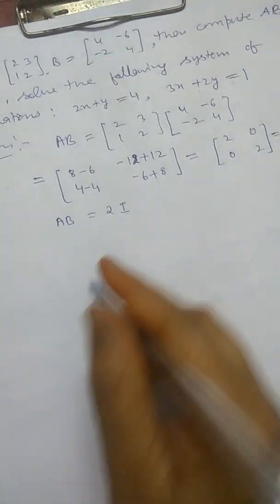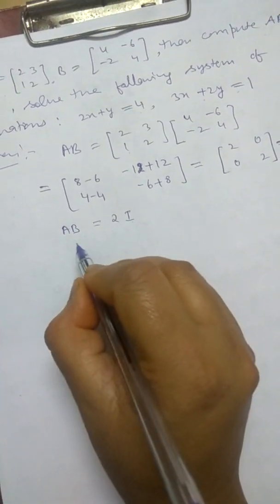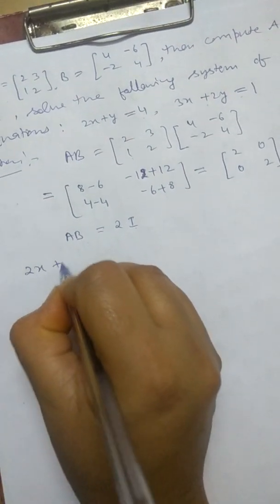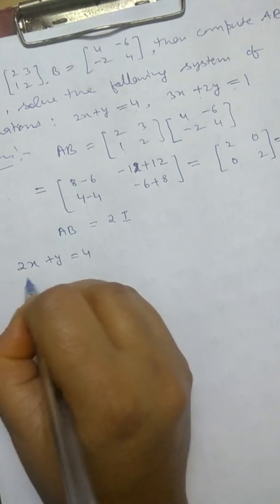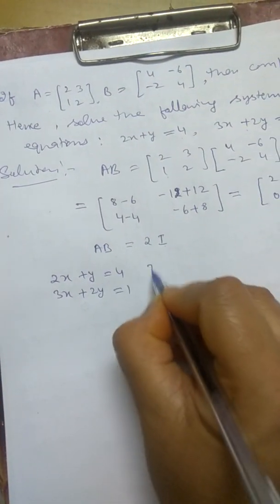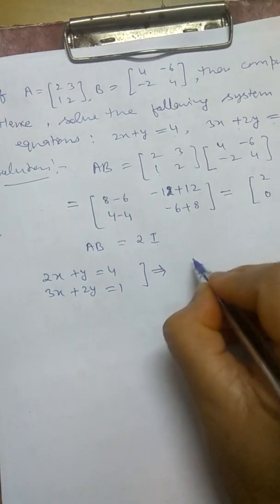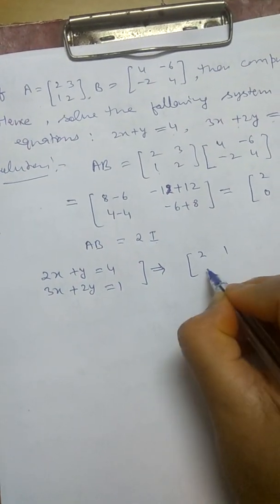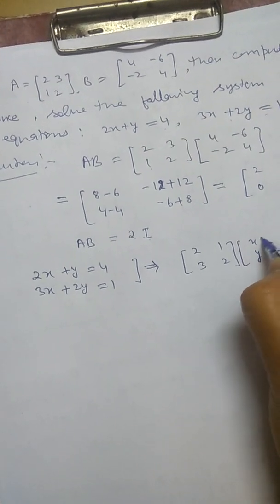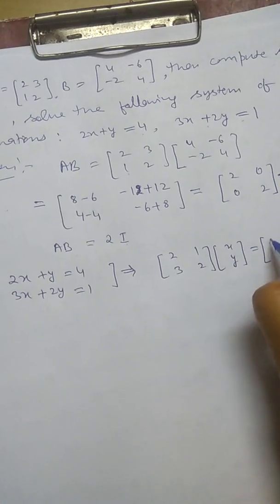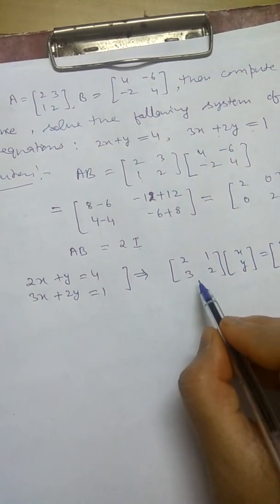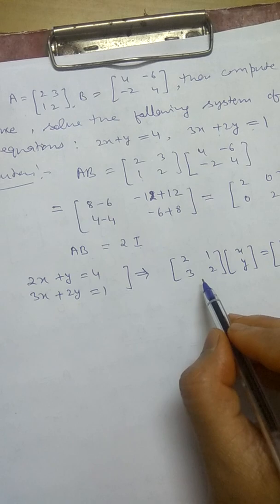And now the given equations 2x + y = 4 and 3x + 2y = 1 can be written as [2, 1; 3, 2] into [x; y] is equal to the matrix [4; 1]. And now you have to see this.